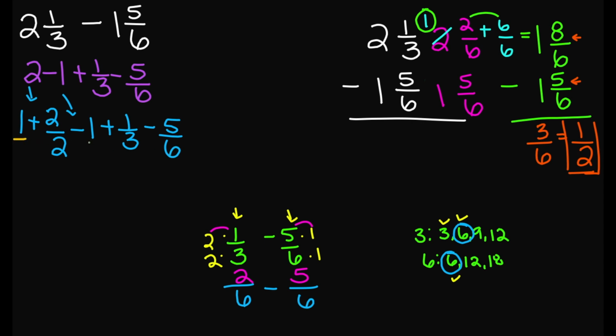So 1 minus 1, those are going to cancel out. So now we have 2/2 plus 1/3 minus 5/6. When you add 2/2 plus your 1/3, this is going to give you 8/6.